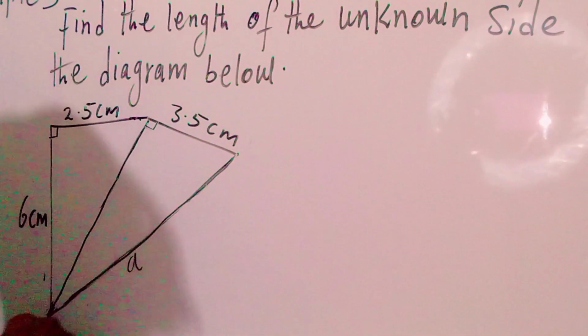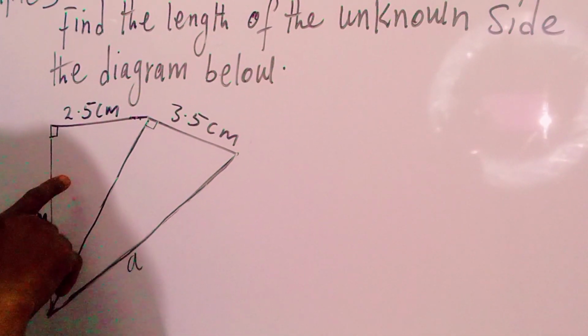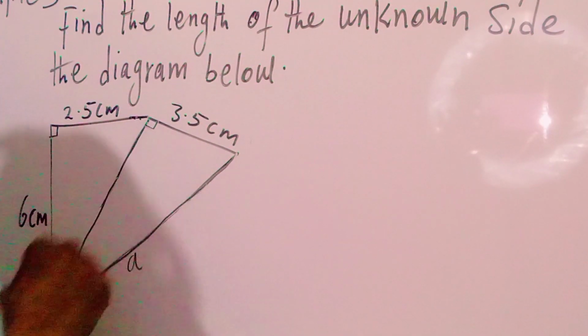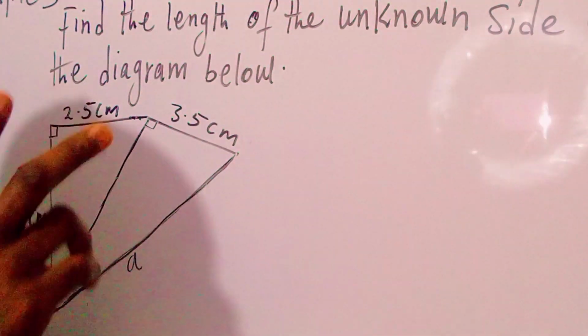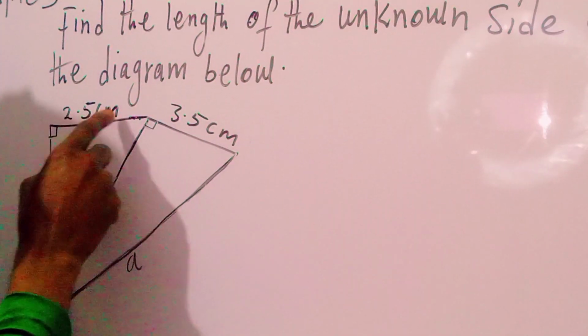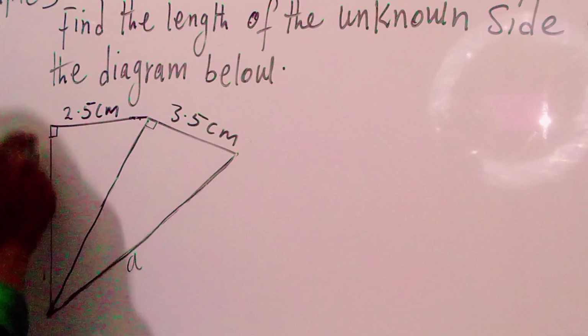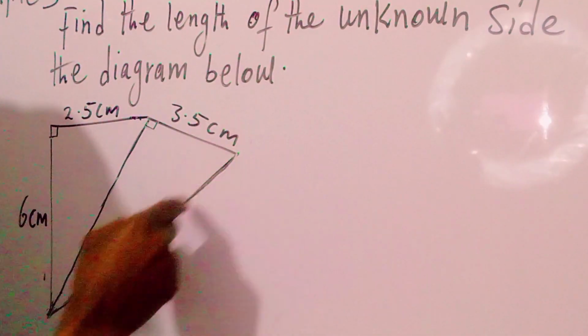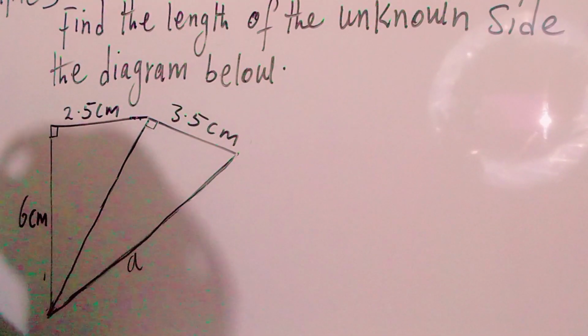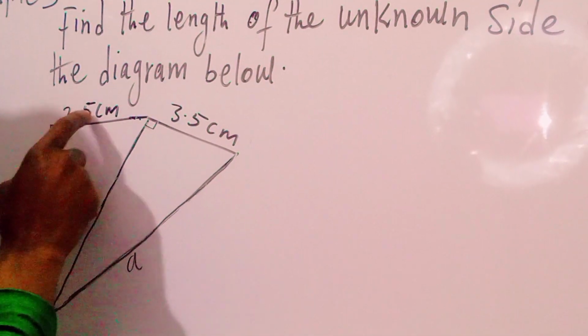On this diagram, we are given a right angle triangle made up of two. Here is a combination of two right angle triangles. This you see here is a right angle triangle, and here is another right angle triangle, all joined together. We are given a side of 2.5 centimeter, the length from this point to this point.